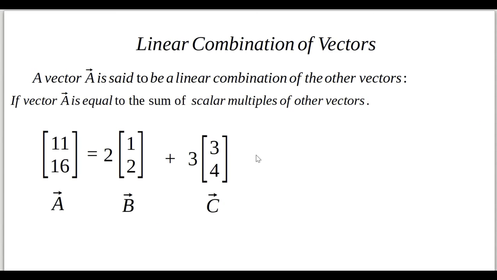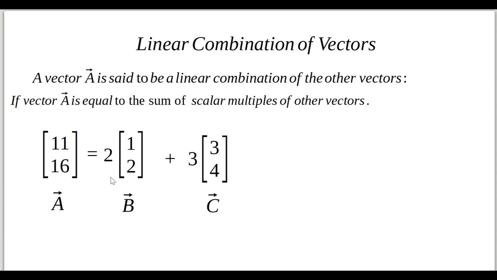Now a vector, for example vector A, is said to be a linear combination of other vectors if the vector A is equal to the sum of scalar multiples of the other vectors.